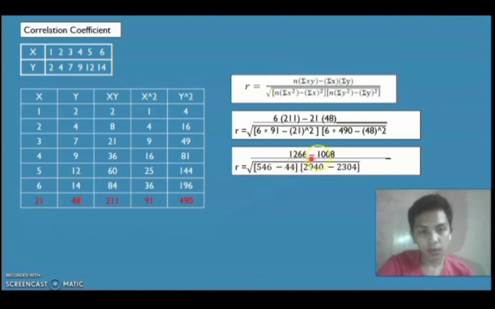This is the product of this. This is also the product of this, 6 multiplied by 91. This is the product of 21 plus 21. I'm sorry, we just add this.